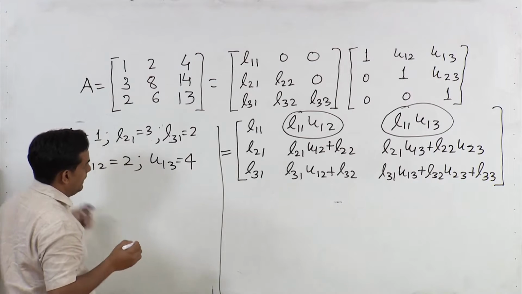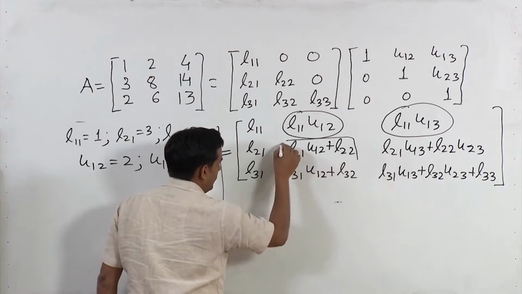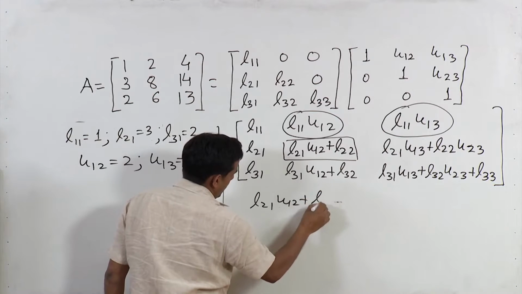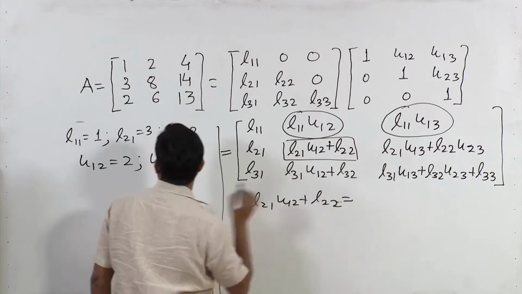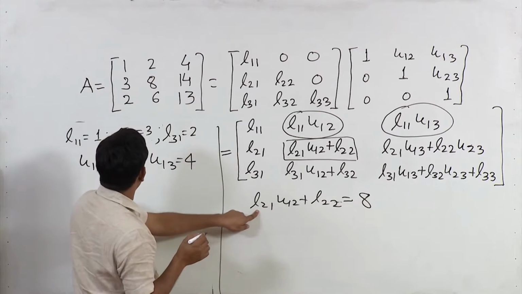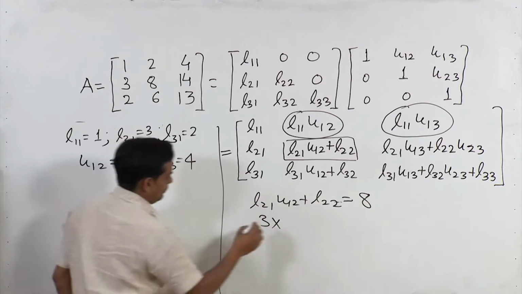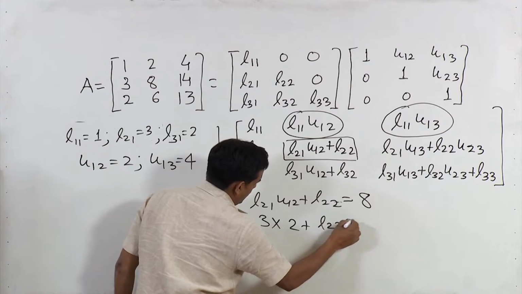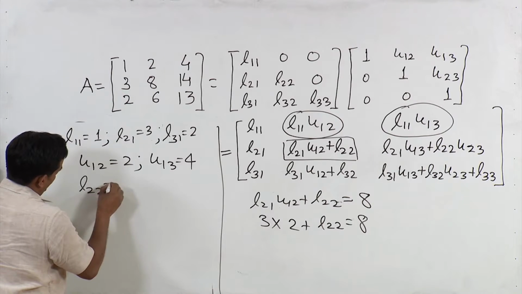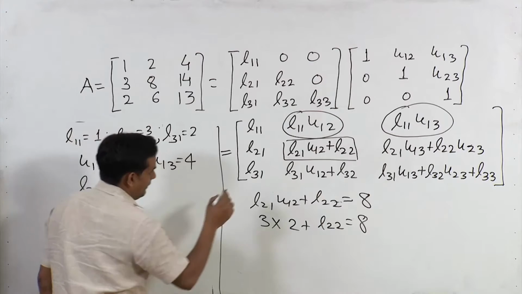Now I will compare the elements of the second column. For this I will take this particular element. L21 U12 plus L22 equals 8. I know L21 is 3 into U12 is 2 plus L22 is 8. So from here I got L22 equals 8 minus 6, that is 2. Now I will take this element.